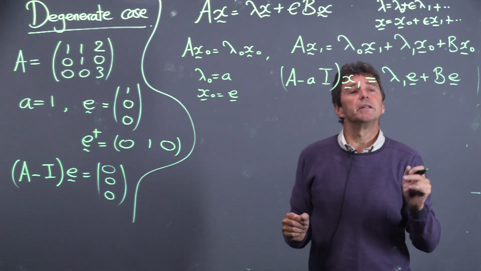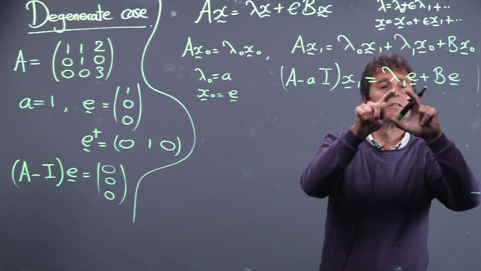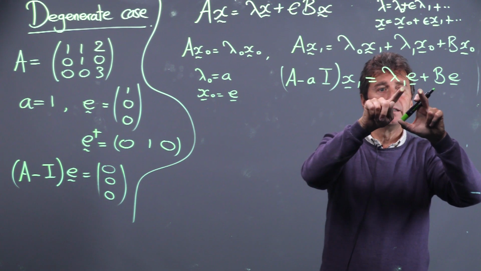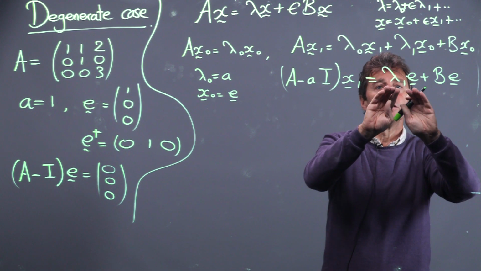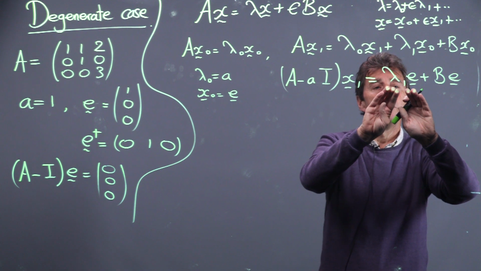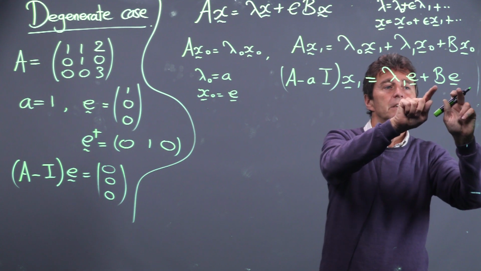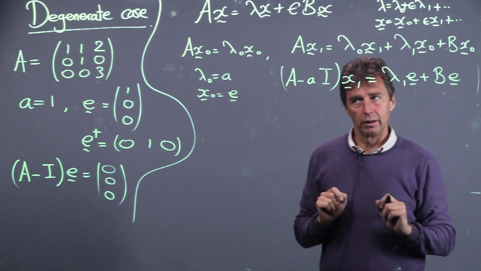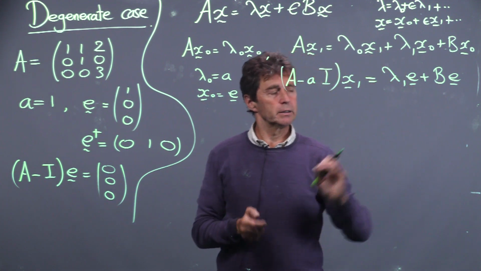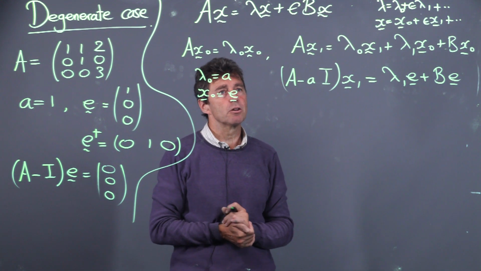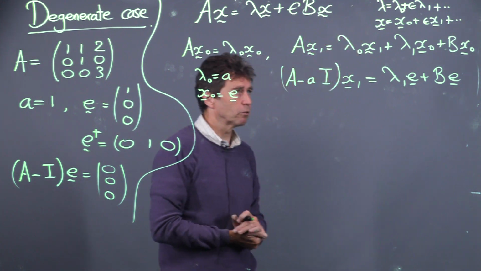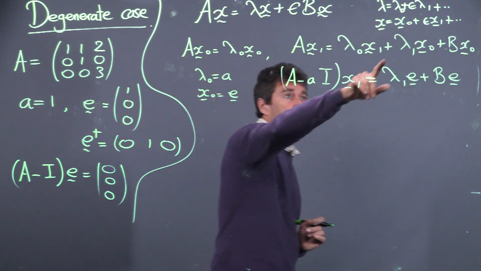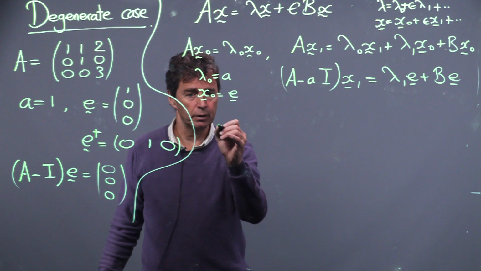The problem is connected to the fact that when I first try to take a solvability condition here, this term with E dagger E vanishes. So this term is not a problem. This term is. This one has given me something when I do the E dagger product, but this term doesn't give me anything. So this is a good guy and that's a bad guy. So let's redesign things. I've already said that maybe there's something wrong with the expansion, because maybe we should be expecting a different expansion in fractional powers of epsilon.